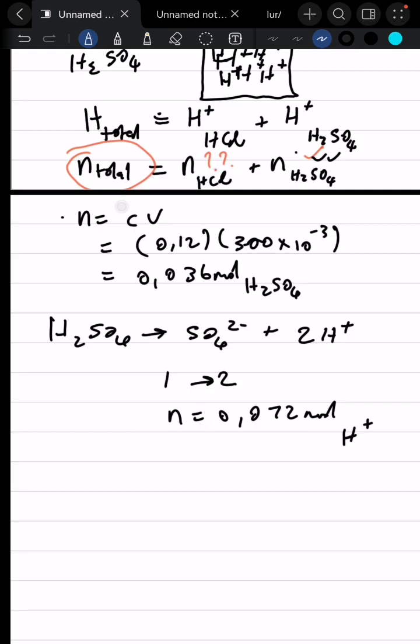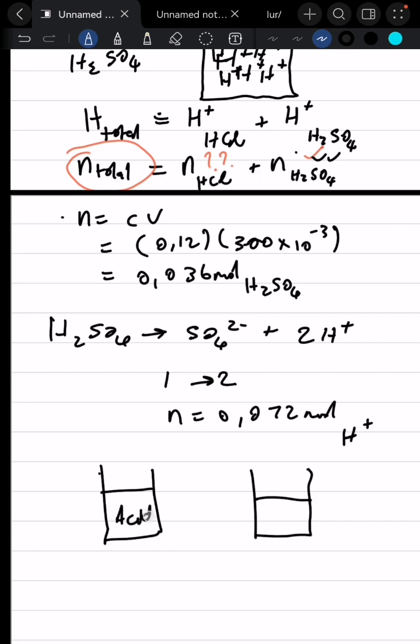Let's go back to the statement. After performing the titration, they find that 20 milliliters of the acidic solution is completely neutralized by 16 milliliters of sodium hydroxide of concentration 0.305. Let me show you in 2 beakers. They mix them: you have the acidic solution and then you have sodium hydroxide.